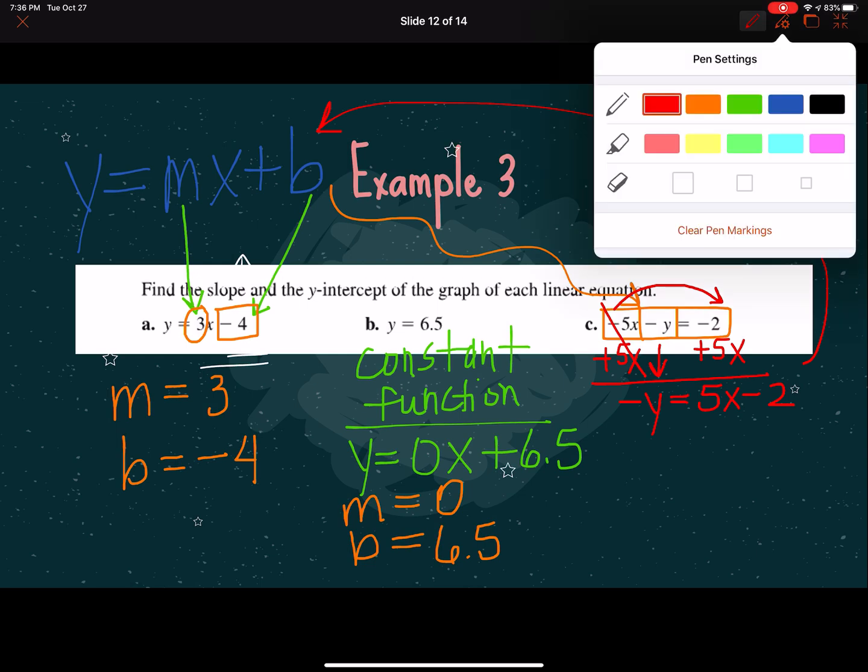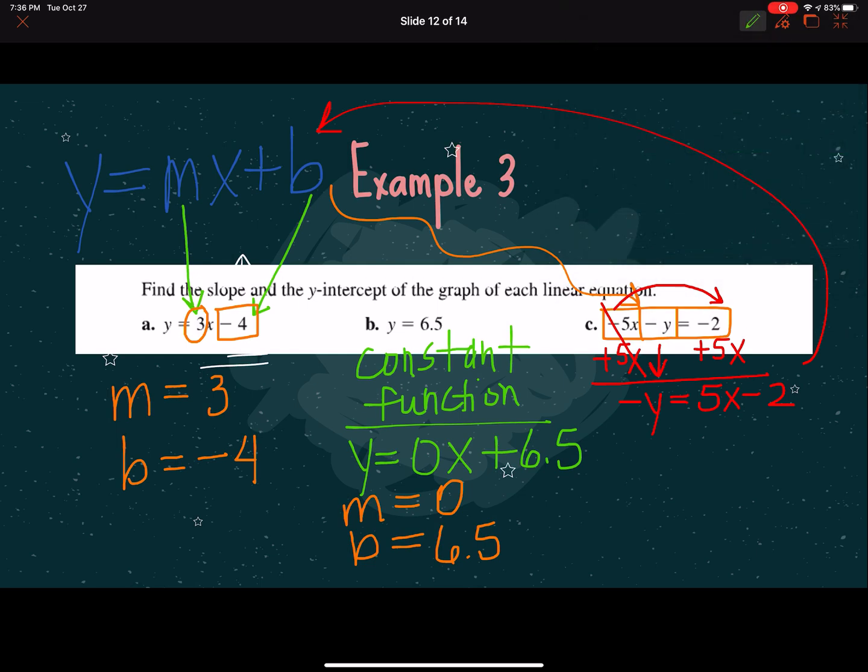Now, we've got a negative sign in front of the y that we need to get rid of. If you'll recall, we can fill that in with a 1, and that will allow us to divide by negative 1 and get y by itself. Whatever I do to one term on that left side, I have to do to every term on the right side. Dividing every term by negative 1 is not changing the term, just the sign of the term.